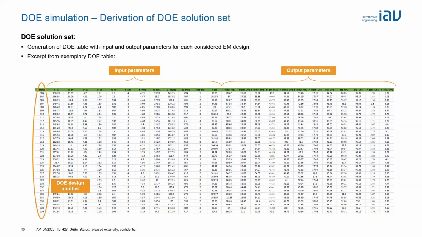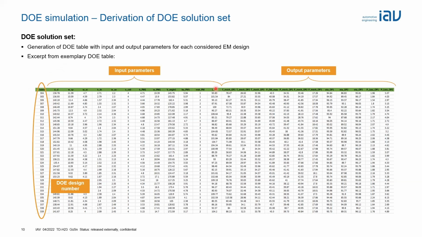After having finished all the FEA-based calculations for the e-machine designs, we are able to generate a so-called DOE table with all the input and output parameters for each considered EM design. What you see below is an excerpt from an exemplary DOE table where you see the index numbers for each DOE design. Then you see here all the input parameters.